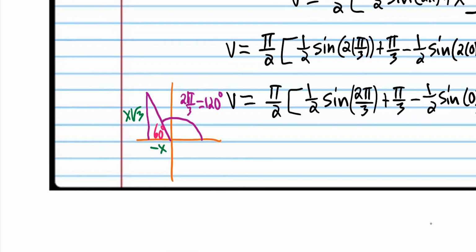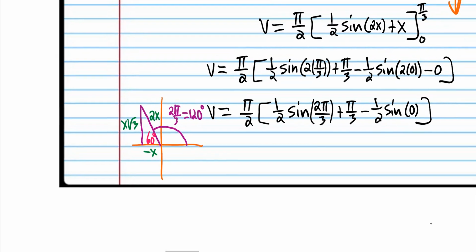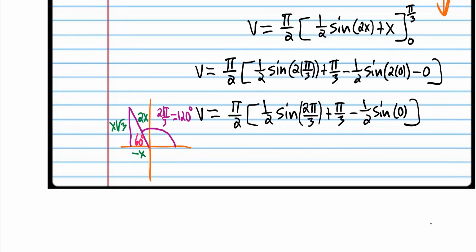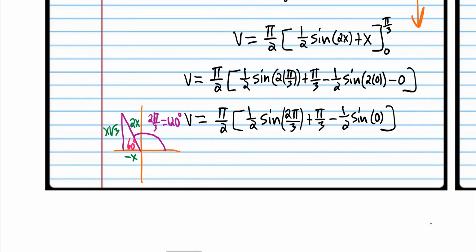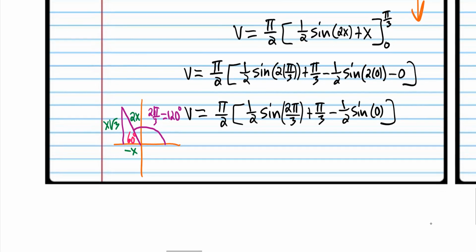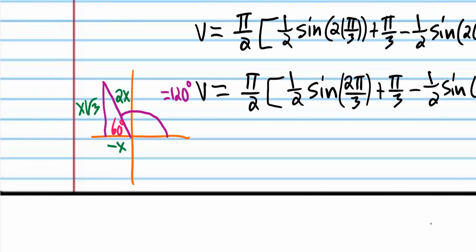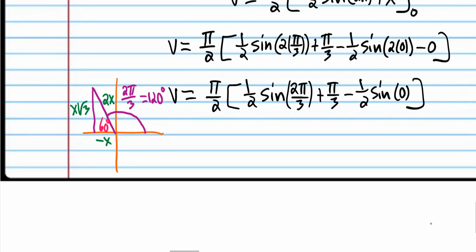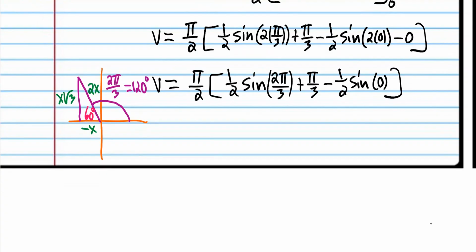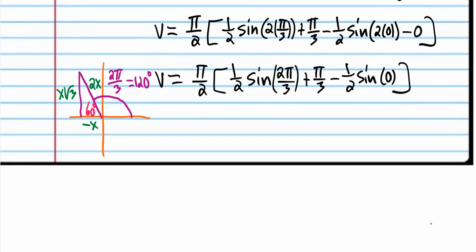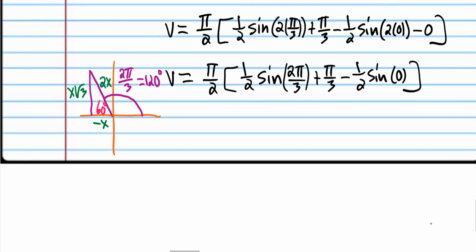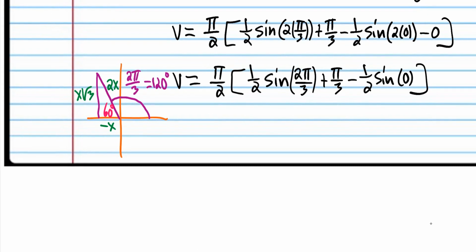And the hypotenuse is 2x. So you need to know your 30, 60, 90 degree triangles and your 45, 45, 90 degree triangles. That's something else from trigonometry that you need to know. And you can review that using that information that I showed you about trigonometry. So that'll help us find the value of sine 2 pi over 3. So sine is opposite over hypotenuse, which is root 3 over 2.